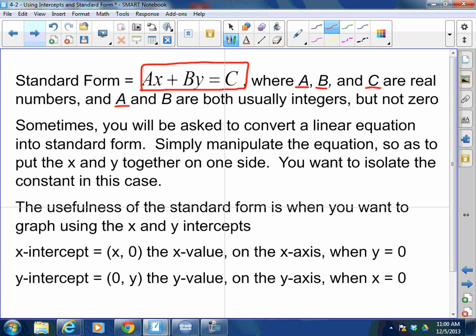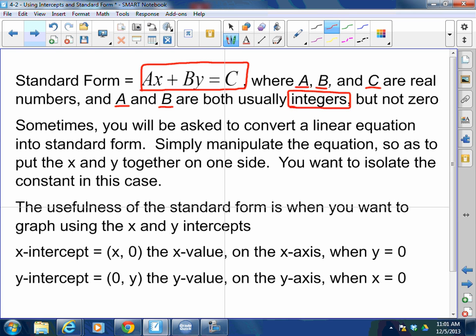And a and b are both usually integers. So when you're writing an equation in standard form, if your a, which is the number in front of x, or your b, the number in front of y, are fractions, you have to make them integers.